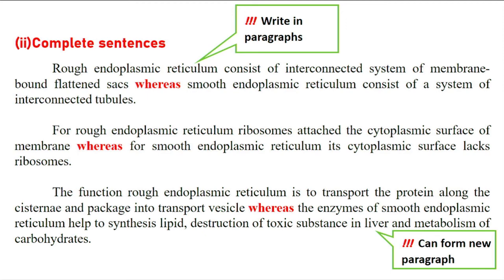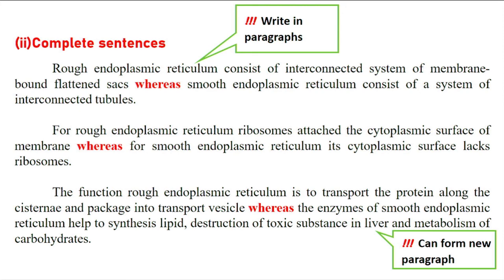Look at the third paragraph. The function of rough endoplasmic reticulum is to transport the protein along the cisternae and package them into the transport vesicle, whereas the enzyme of smooth endoplasmic reticulum helps to synthesize lipid, destruction of toxic substance in liver, and metabolism of carbohydrates.